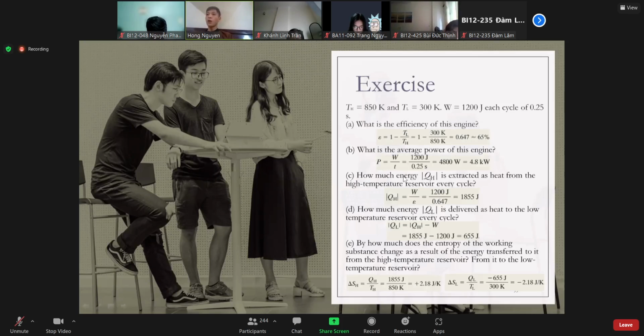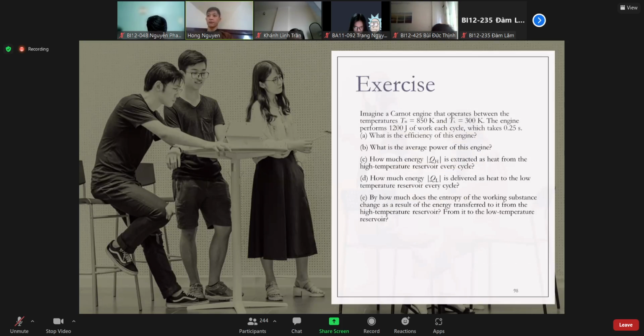Here, what we need to find is the efficiency of this Carnot engine. We know the working temperatures. We know that the engine performs 1,200 joules of work each cycle, okay? And each cycle takes 0.25 seconds.